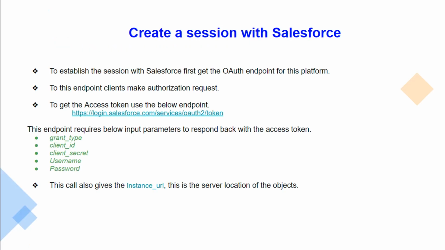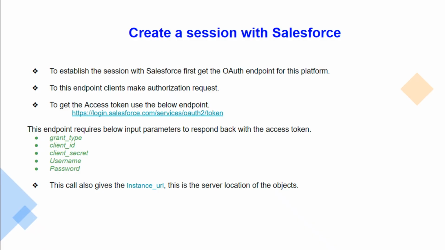Create a session with Salesforce. To establish the session with Salesforce, first get the OAuth endpoint for this platform. To this endpoint, clients make authorization requests. To get the access token, use the below endpoint: https://login.salesforce.com/services/oauth2/token.